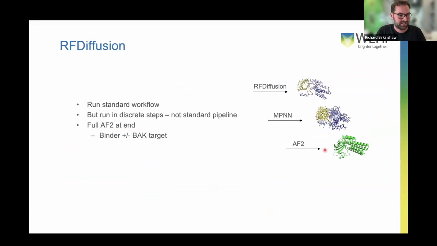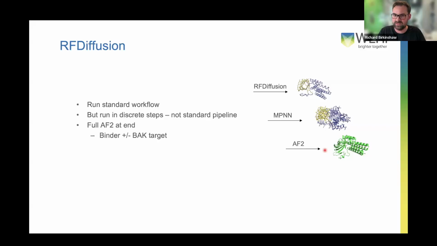So in order to do this, again, this was quite a while ago when it was quite a challenge to install these things on HPC architectures. The standard Docker images weren't compatible with our HPC, so we had to install things differently. And this led to an approach that meant we ran the standard workflow, but we didn't do it in the standard pipeline.